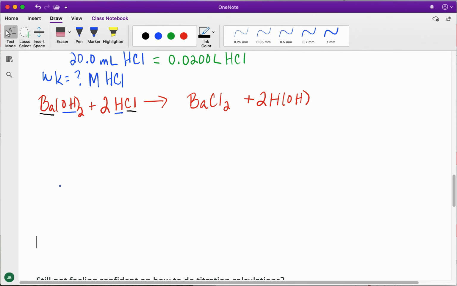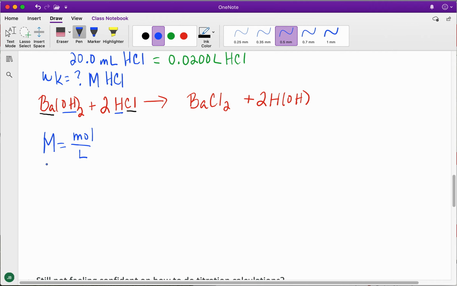All right, so the first thing we're going to do is find our moles of that barium hydroxide. And once again, we're going to use our molarity formula, which is molarity equals moles over liters. Hopefully at this point you feel very comfortable with the molarity formula and all the different ways that you can use it. This is one of those formulas that I feel like we have used a lot this year.